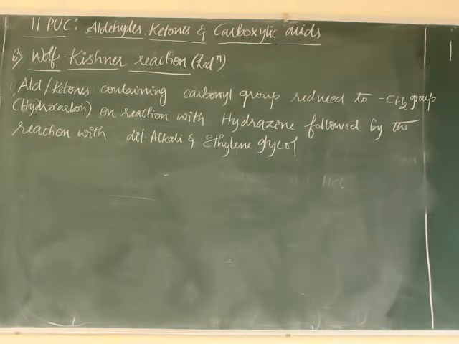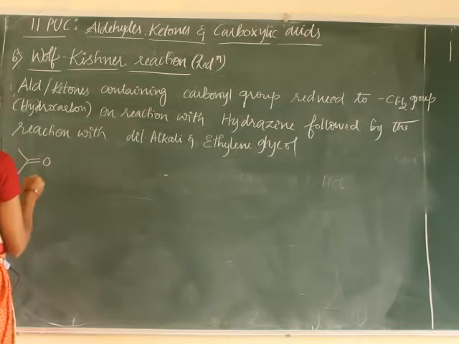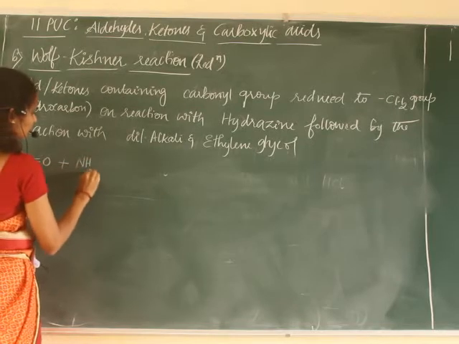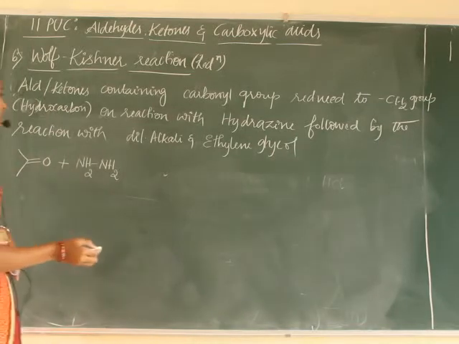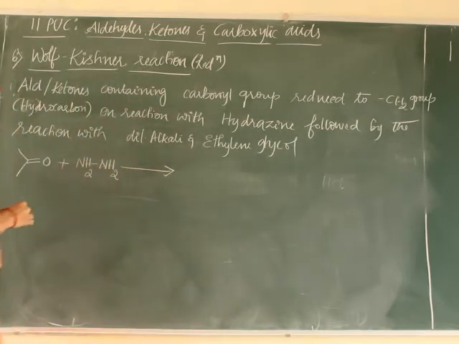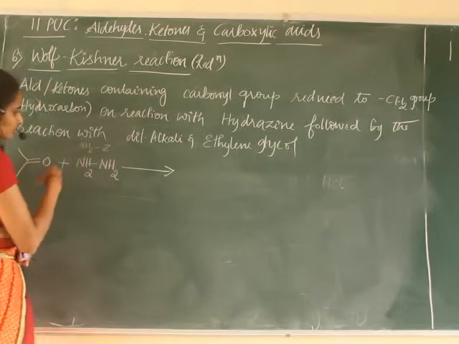That is the reaction. C double bond O, that is a ketone, reacts with hydrazine, NH2 NH2. This reaction we already studied, the reaction with derivatives of ammonia, the NH2Z type reaction.